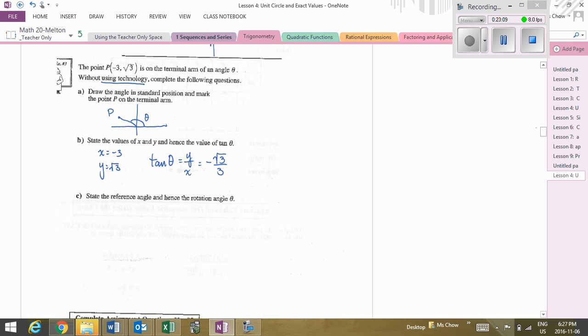If we don't know the table, then again, you're referring back to your special triangles, recognizing that root 3 is in your 30, 60, 90 triangle. So we know that the reference angle is 30 degrees, and because we're in quadrant 2, the rotation angle theta must be 150 degrees.